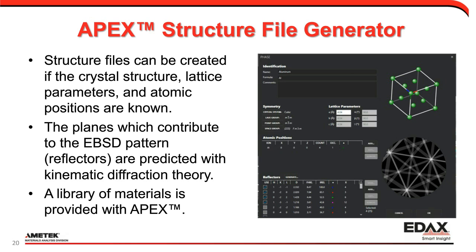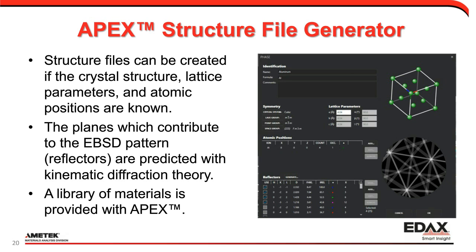What we have to do is input the atomic positions within the unit cell, which are shown in that little cartoon here for a face-centered cubic structure, aluminum. We put in the lattice parameters, and then it does the structure factor intensity calculations, based on crystallographic symmetry and the scattering factor for that particular atom, to come up with a list of reflectors that fill that space.